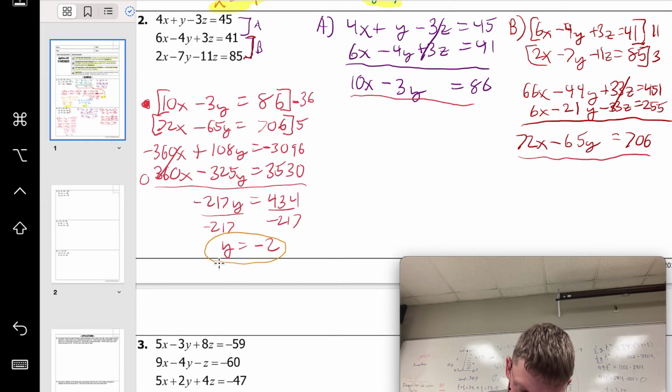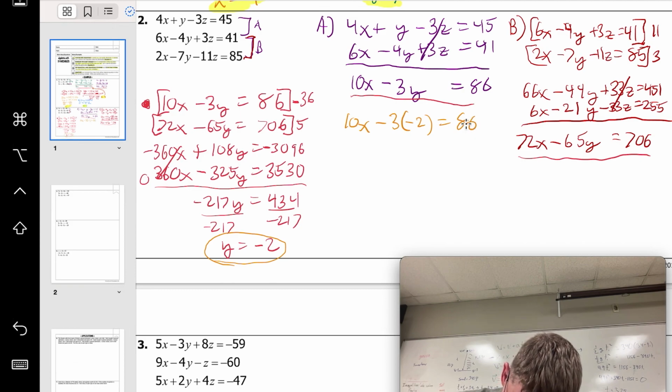So we've got our first variable, now we have to plug that into something and solve it. I'm going to plug it into this one because that looks easier. So we have 10x minus 3 times negative 2 equals 86.